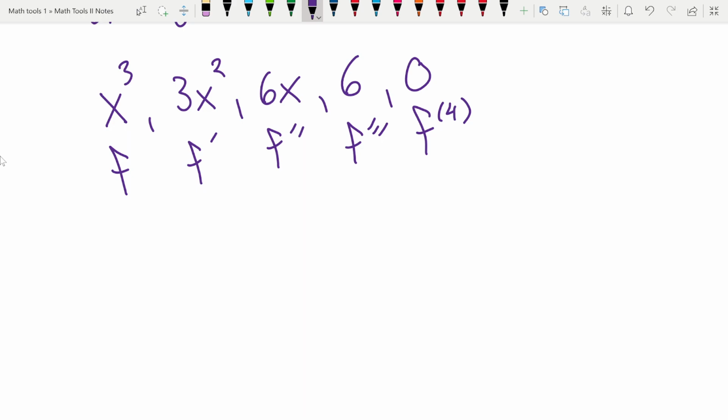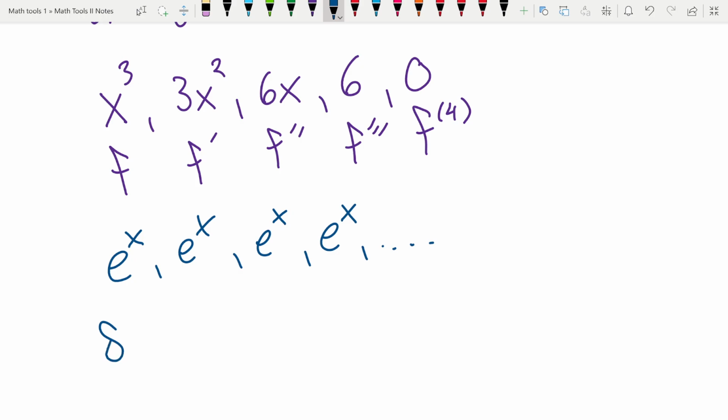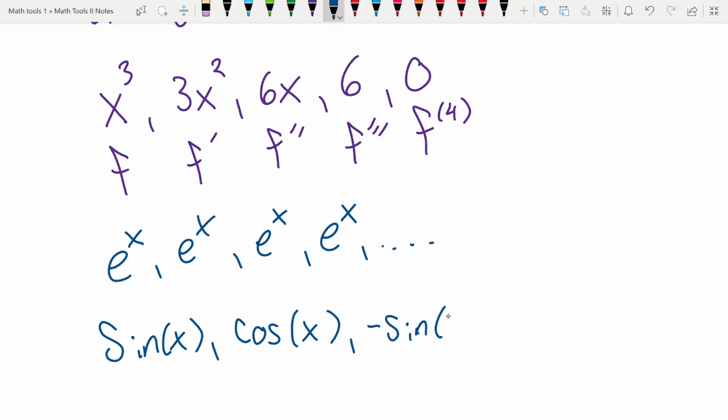But some functions you could just take the derivative of forever, right? Like e to the x, the derivative is e to the x, and then the second derivative is e to the x, and the third derivative is e to the x, right? So that's never going to end. Other things like sine, for example, the derivative is cosine, and then the derivative of that is negative sine.